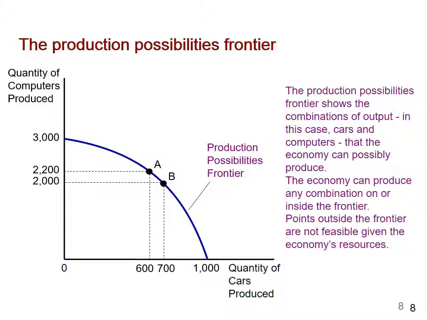The opportunity cost of cars, in other words, is the number of computers you give up to get those extra cars. In our example, to get 100 more cars, you're giving up 200 computers. Thus, the opportunity cost of cars at point A is 200 computers.